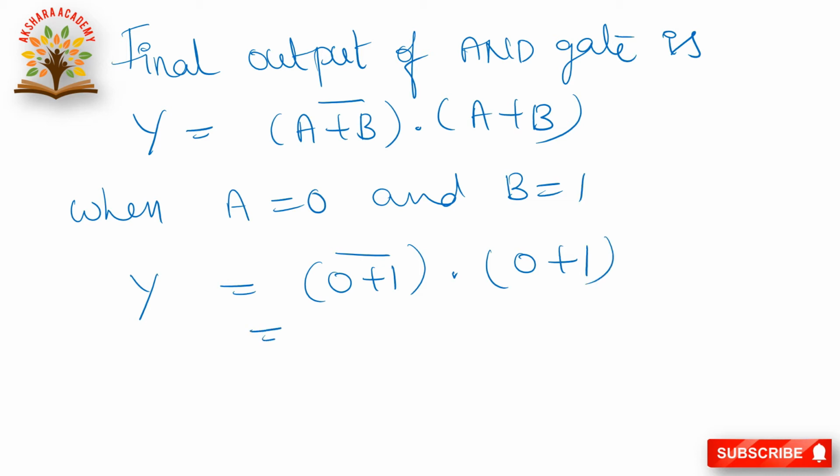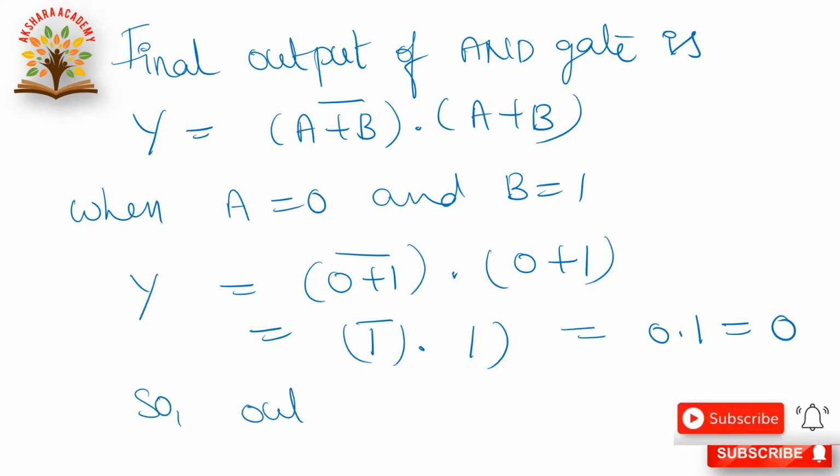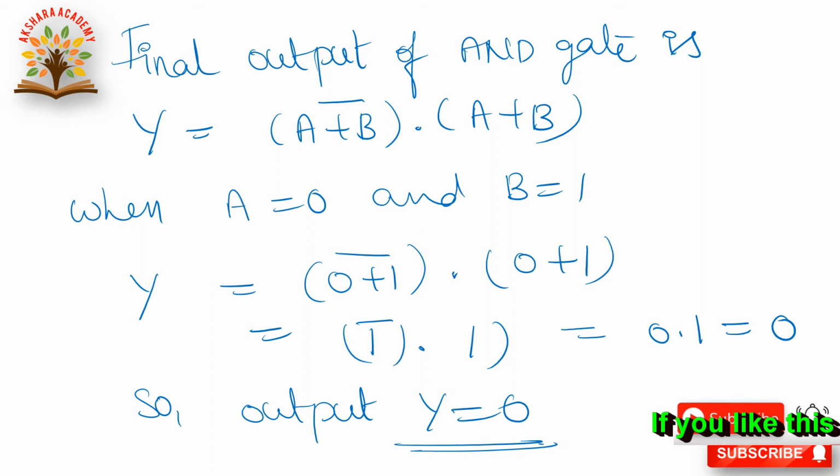So that is equal to 1 bar dot 1. So that is 0 dot 1, that is 0. So output Y is equal to 0. Okay, next we will go to the next question.